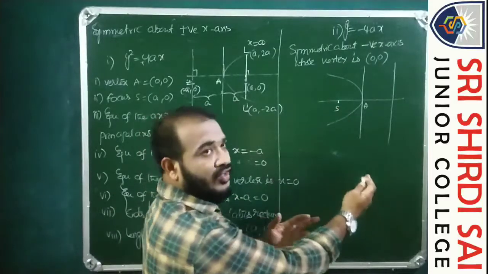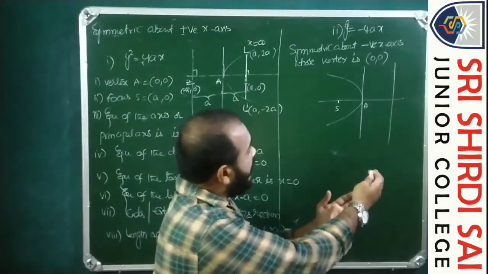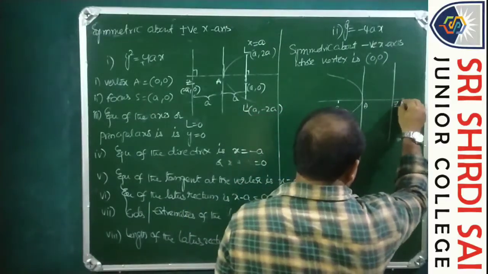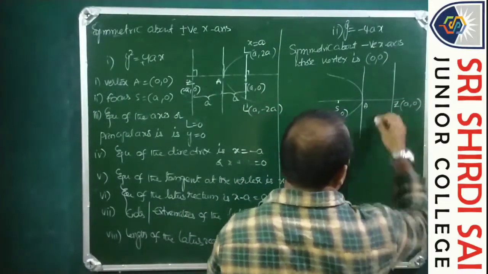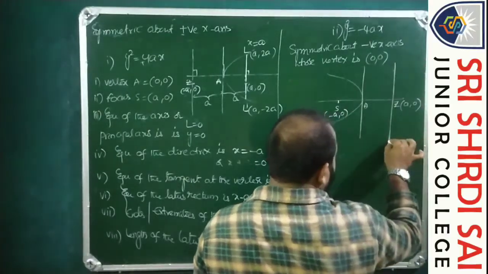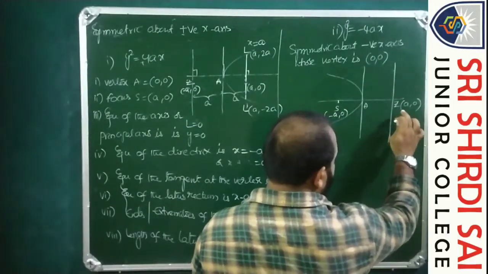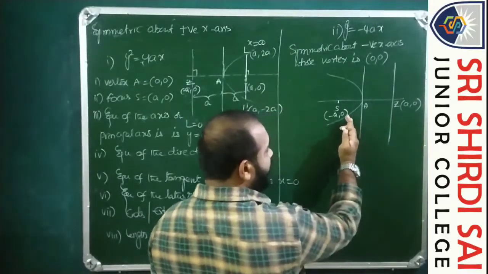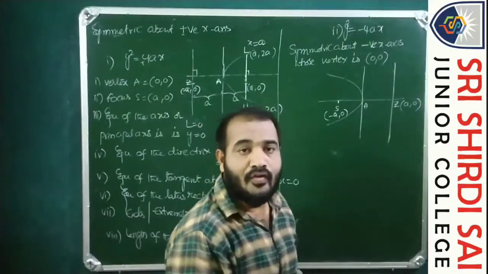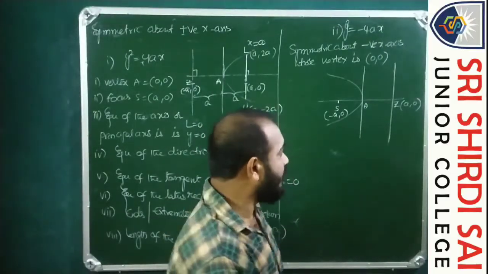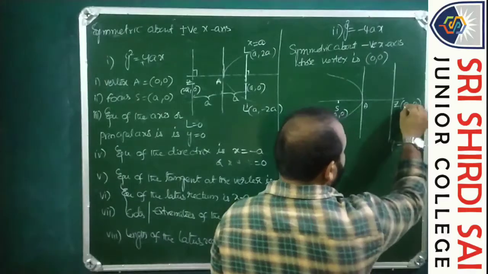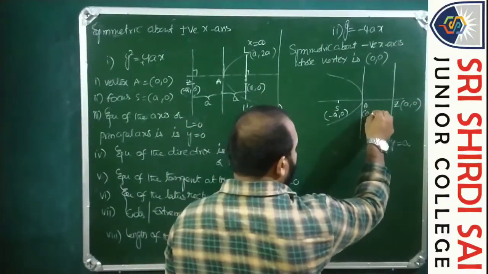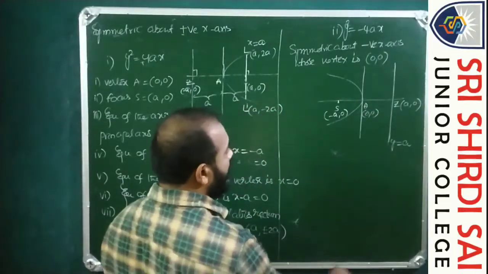Since this point is lying on the negative x-axis, the focus would be minus a comma 0, and this is z, a comma 0, and this is the line called the directrix, which is parallel to the y-axis. Any line parallel to the y-axis is of the form x equals something. This is x equals plus a, and the vertex is at the origin 0, 0.